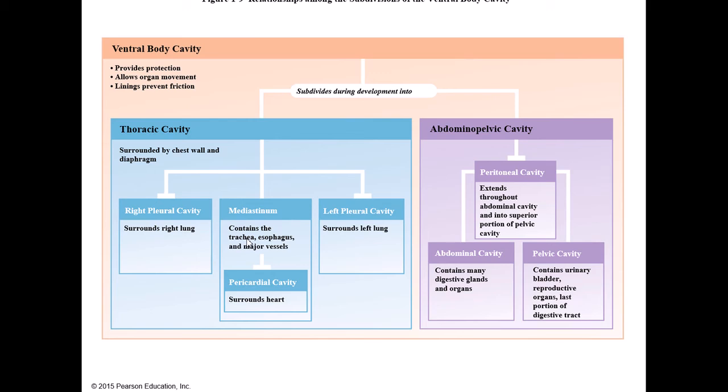So like I mentioned before, the trachea, the esophagus, some major blood vessels like the aorta, superior vena cava, the thymus we had mentioned. All of that is in the upper part of the mediastinum, but the lower part of the mediastinum has another cavity. This is the cavity that surrounds the heart and contains the heart, known as the pericardial cavity. So we see here this thoracic cavity is actually divided into three smaller cavities: the right and left pleural cavities and the pericardial cavity.